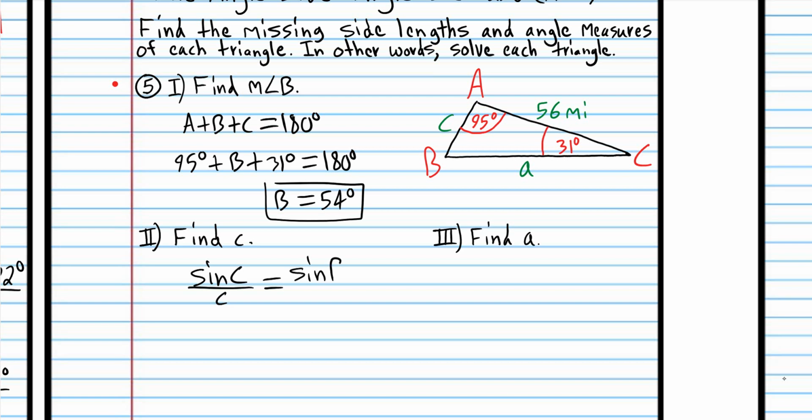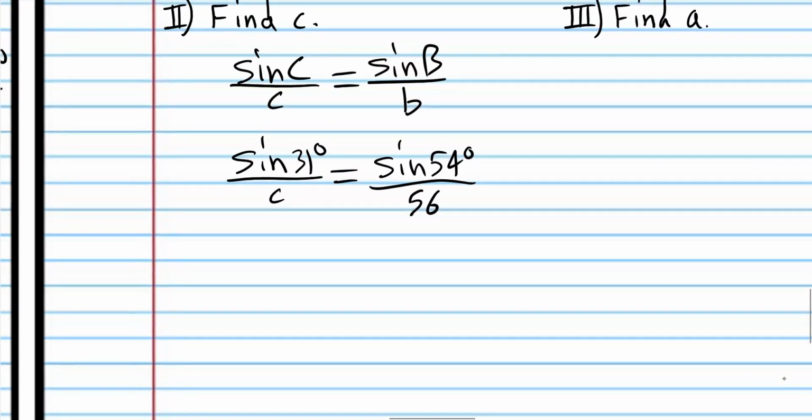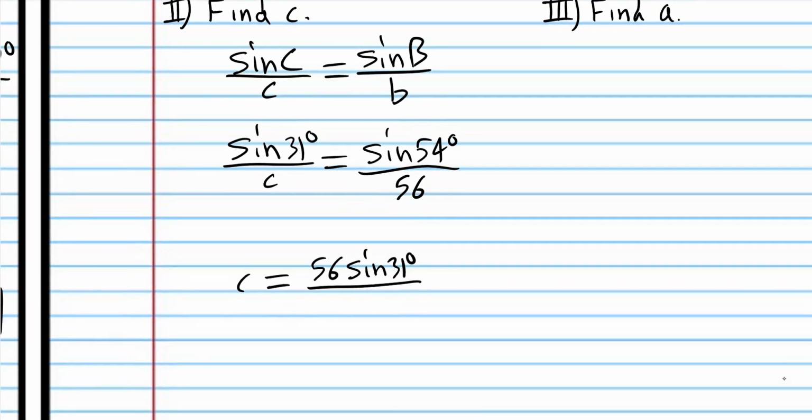So we're going to use sine B over B. We found capital B in the first step. That's 54 degrees. We know the side opposite B is 56 miles. And we know that angle C is 31 degrees, and we're looking for side C. Okay, so let's solve for side C, and we get 56 times sine 31 degrees over sine 54 degrees.